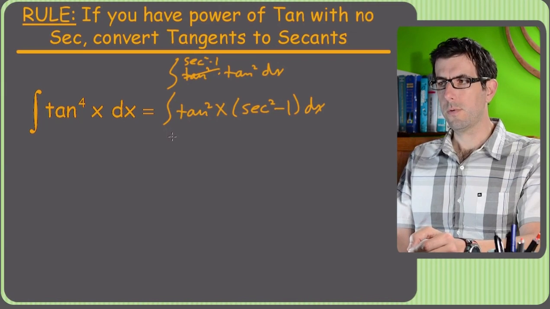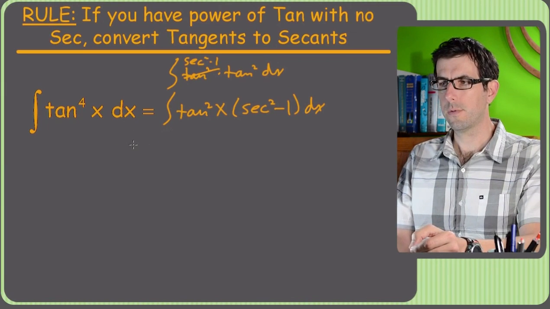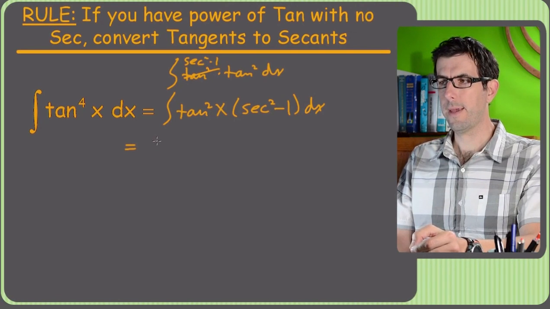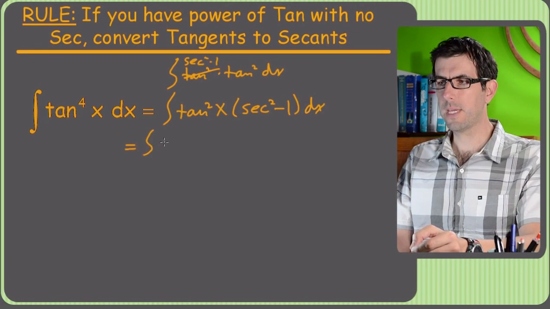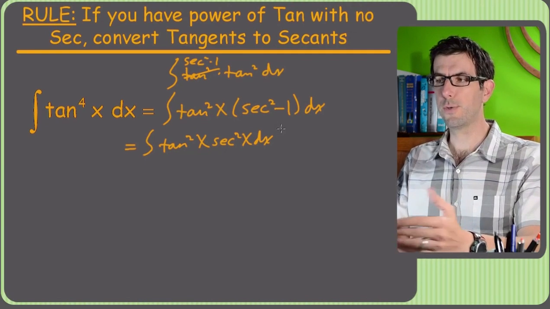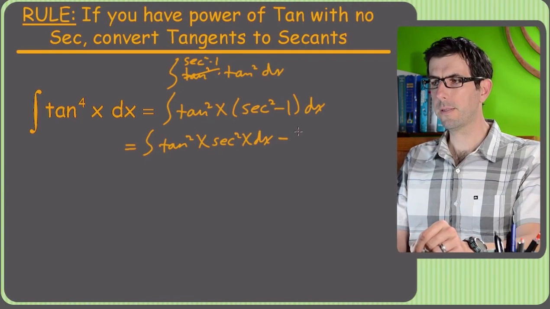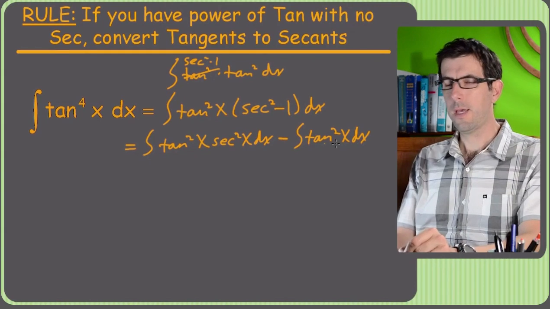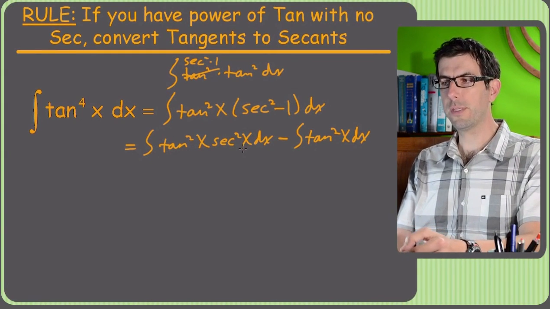All right, so that is going to be the integral of tan squared x times secant squared x dx, so I'll just distribute this and separate into the two terms, minus the integral of tan squared x dx. So as you can see at this point, I've got a power rule with a du that's matched.